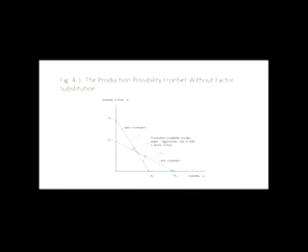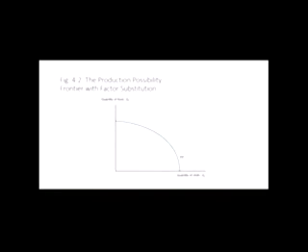Now, when we increase the amount of labor while keeping the amount of land constant, what happens? Our productivity increases, but as we increase more and more labor, our marginal productivity is declining. This decline in the marginal productivity of labor causes the curved shape.